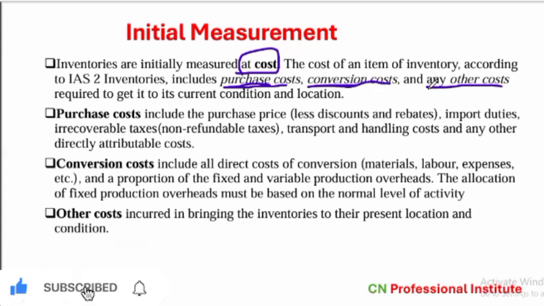Now, inventories are either purchased or they are manufactured. So an entity can decide to buy its inventory and sell, or it can decide to manufacture it itself.